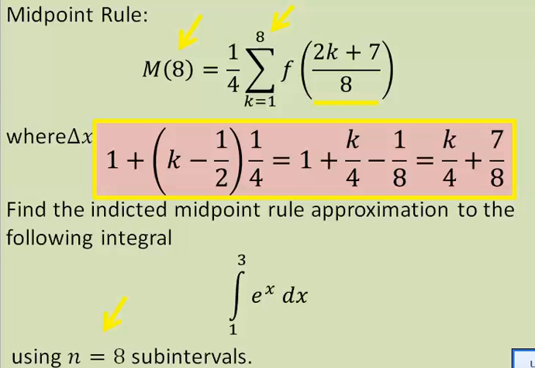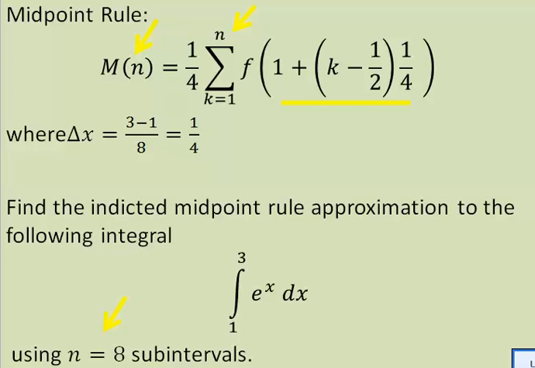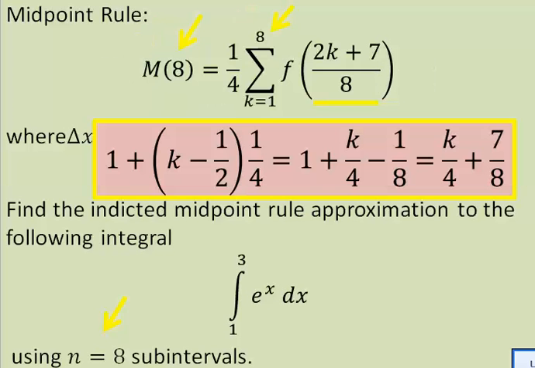The other thing that I did, let me back up, I had it this way. And what I did is I took that 1 plus (k minus 1/2) all times a fourth. I just did a little bit of algebra on it and came up with a new expression, (2k plus 7) over 8.